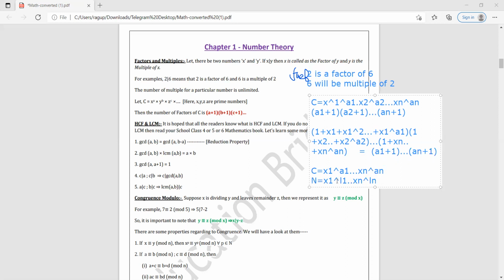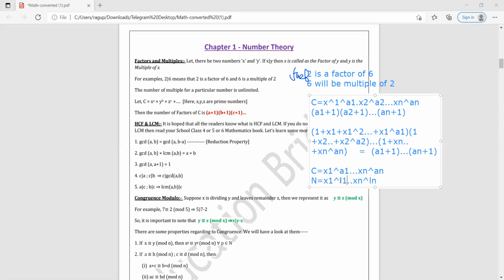And here l1 through ln can also be 0, because if n does not have xn as its prime factor, the divisor cannot have xn either. So l1 through ln can all be equal to 0, or some may be 0 and some others may not.